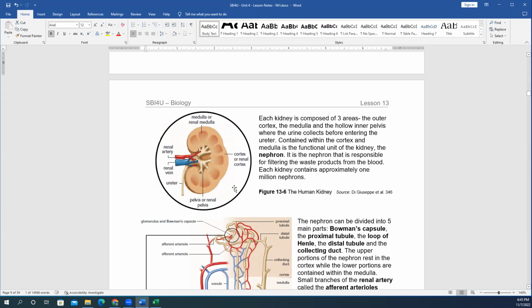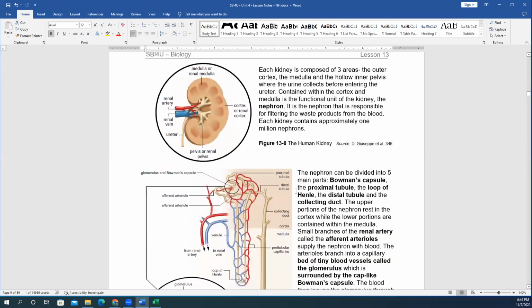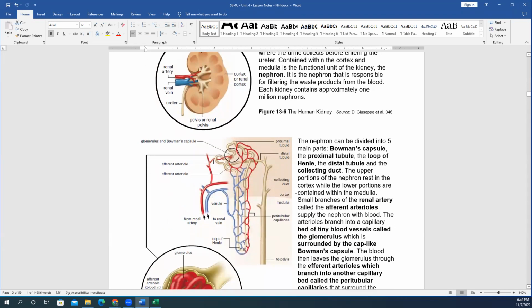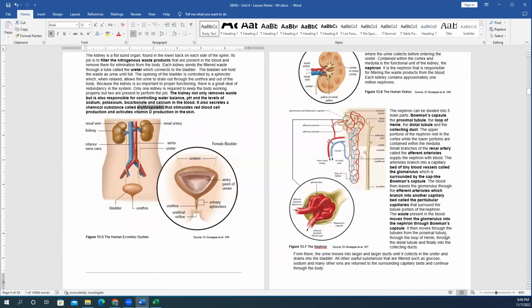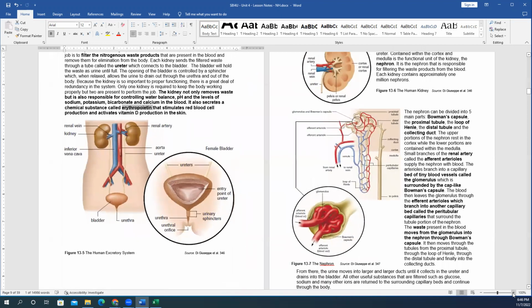It's the nephron that is responsible for filtering out waste products from the blood. The kidney is packed with millions and millions of nephrons that take care of filtering out the waste.